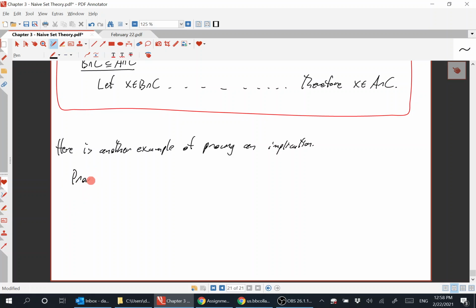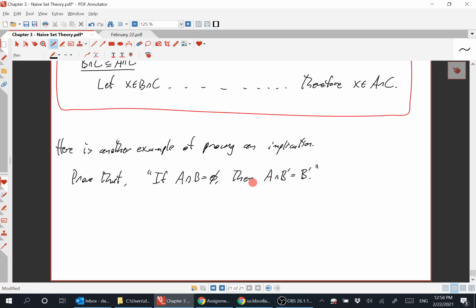Prove that if A intersection B is equal to the empty set, then A union B complement is equal to B complement.